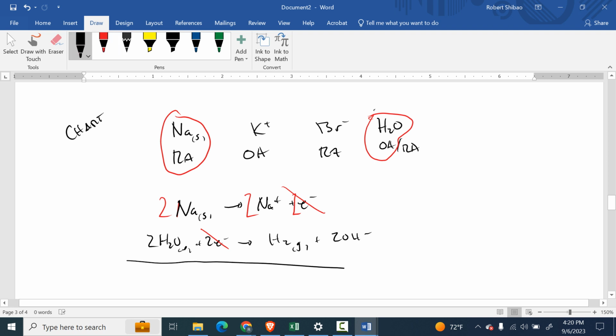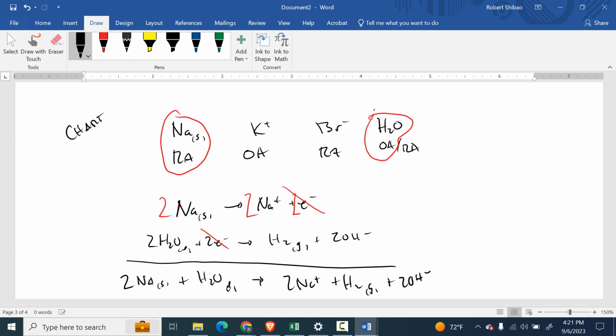And then I'm going to combine these 2 equations. So combining these 2 equations, I'm going to get 2 Na solid plus 2 H2O liquid. This is going to produce 2 Na+ plus H2 gas plus 2 hydroxides.